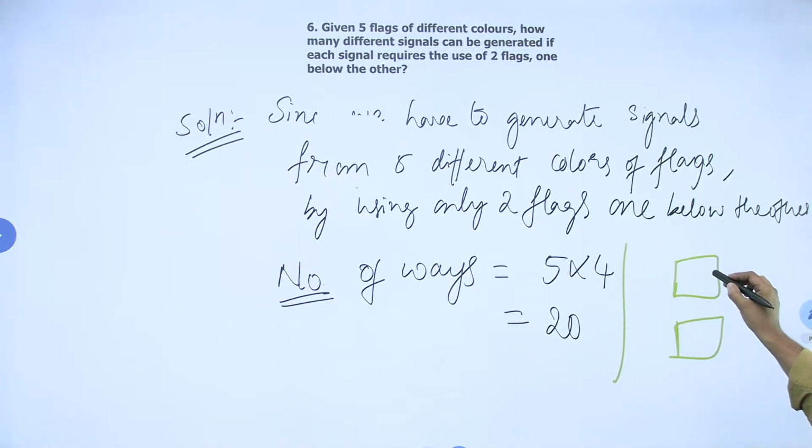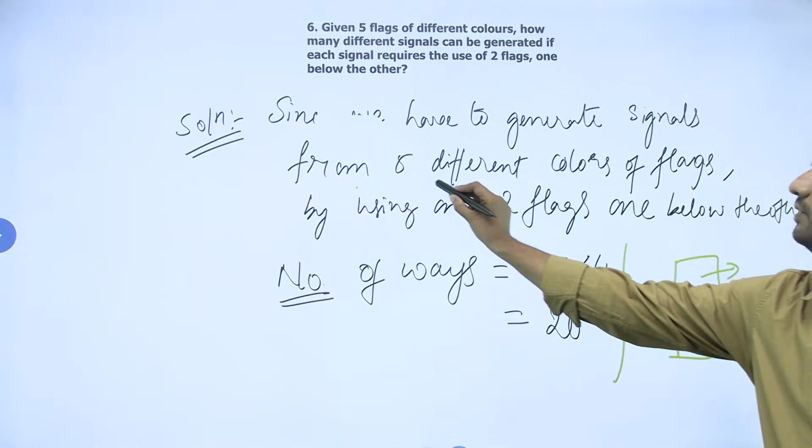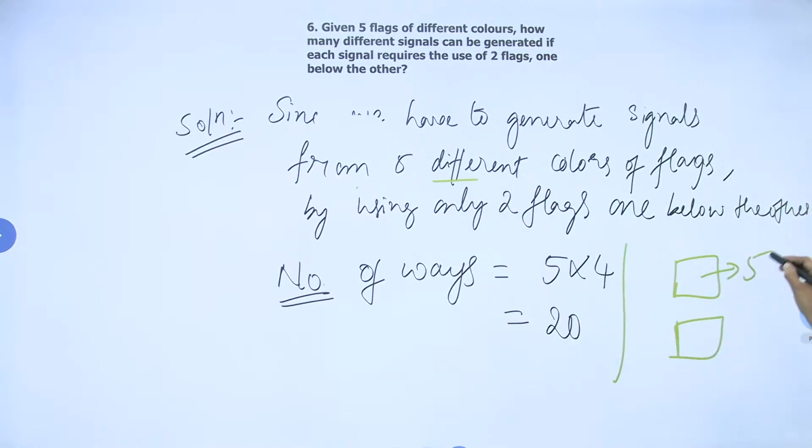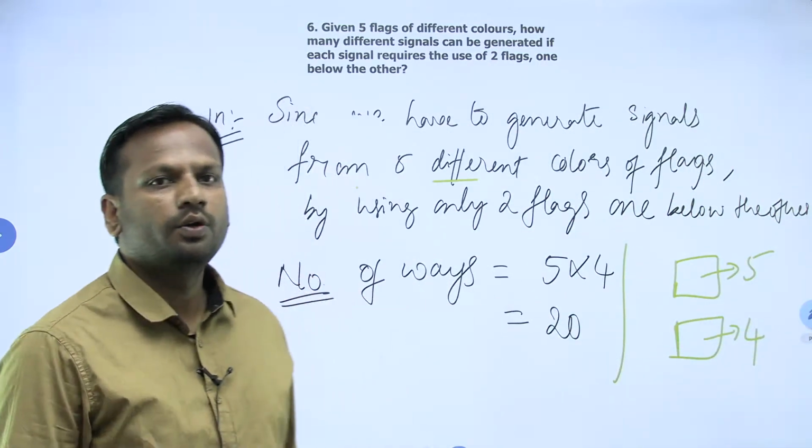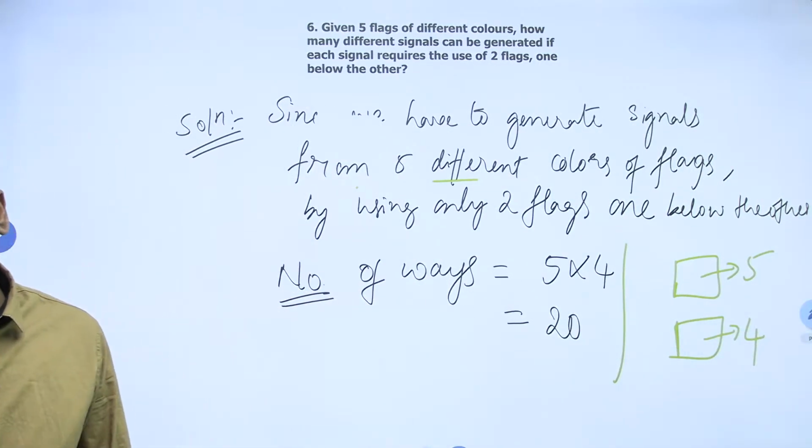They have provided 5 different colors of flags. In 5 ways I can take one of the flags here to generate the signal. After taking one of the flags, still how many are left out? 4 are left out. So the total ways of generating signals are 20. Got it now? Understood, students?